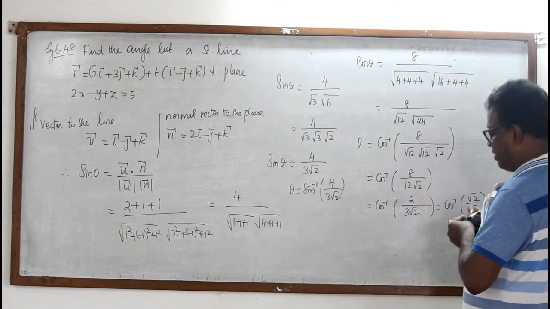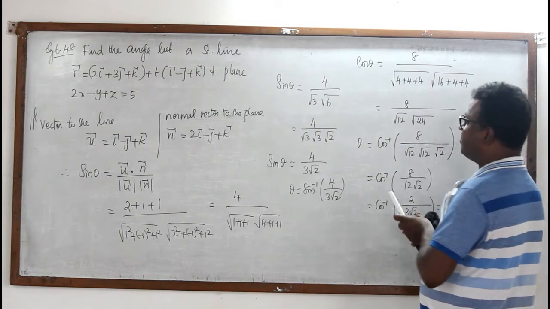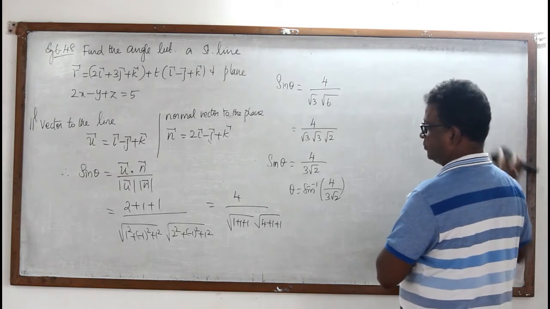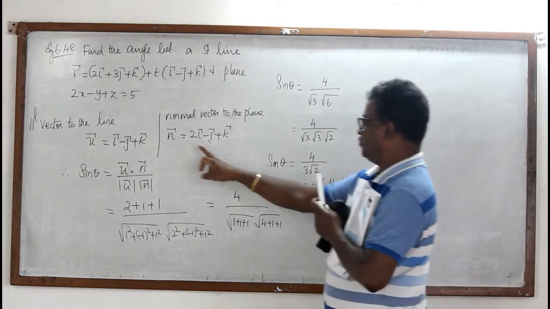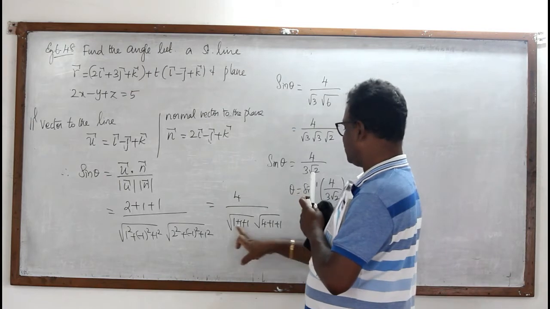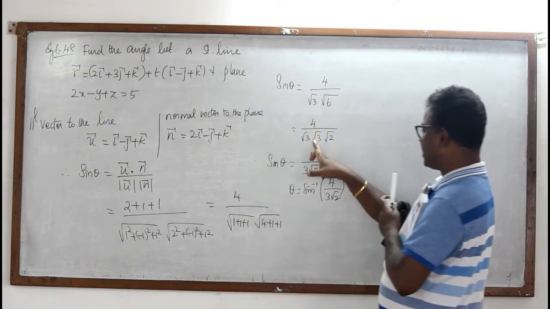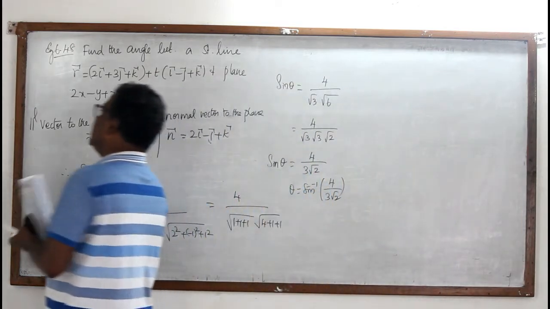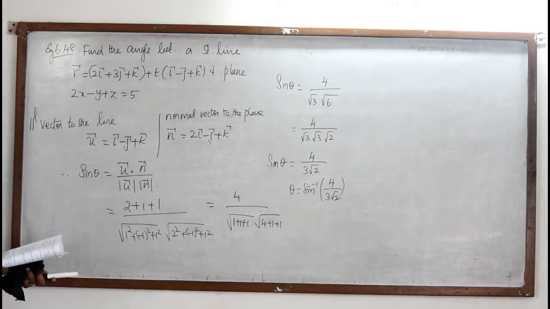So, this is the angle between a line and a plane. Plus 1 is 6, so root 3 into root 6. Root 6 can be written as root 3 into root 2. Root 3 into root 3 is 3. So this is the angle between line and plane.